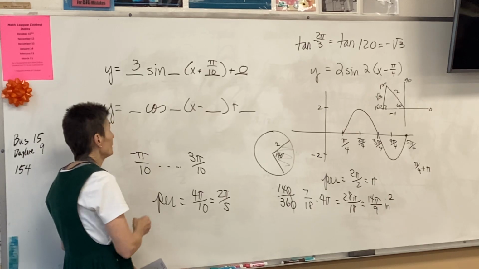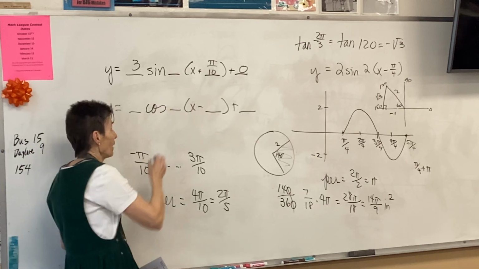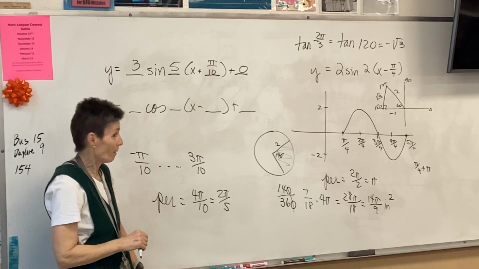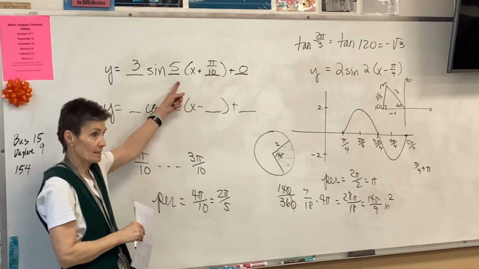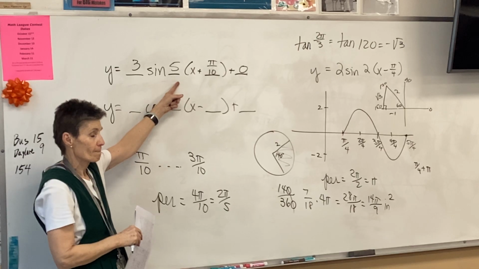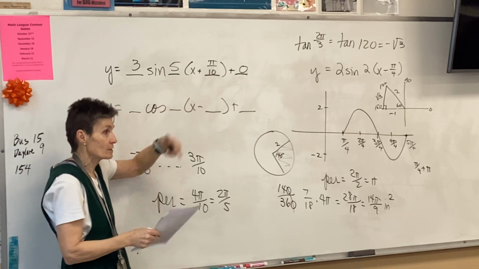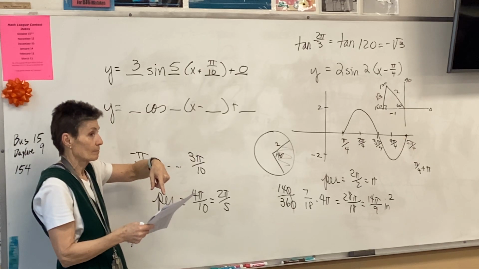So what's that number? 5. Because to find our period, don't we take 2 pi and divide it by that number? Yeah. So there is an equation for a sine curve.